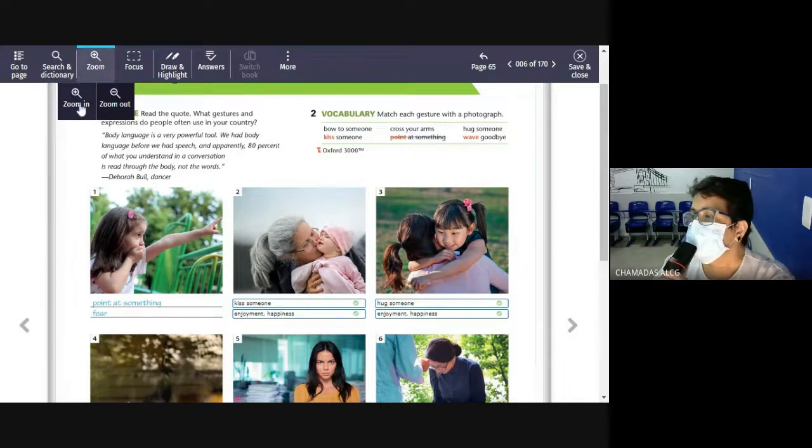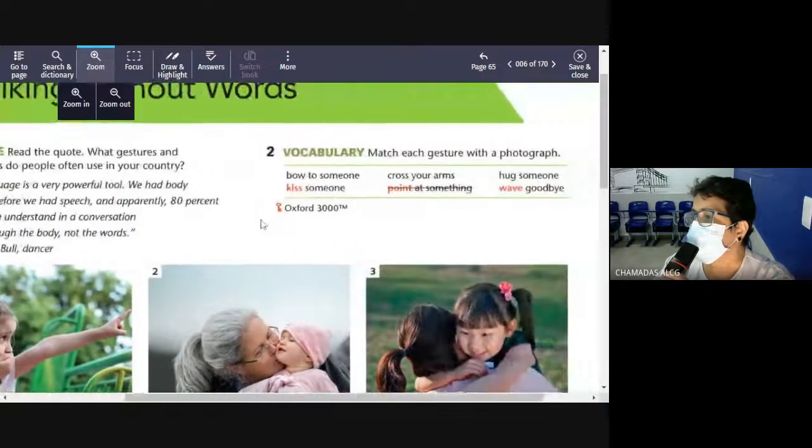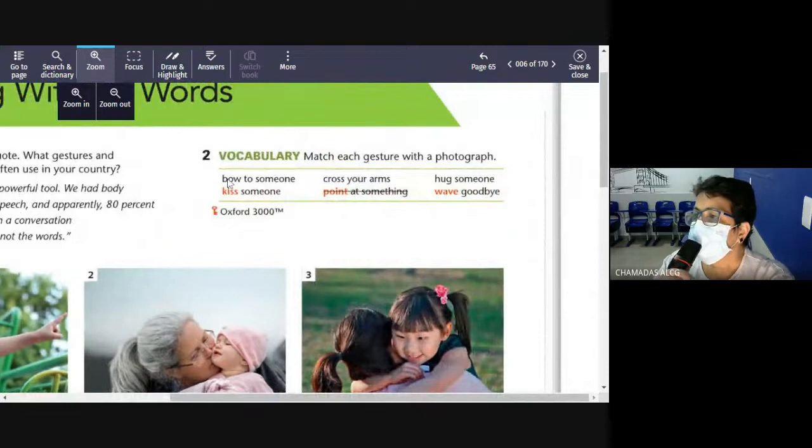So last class, we saw, for example, that we bow to people, we kiss, we cross our arms, we point at something or someone, we hug people, and we wave goodbye. So these are forms of communication without words. Okay?